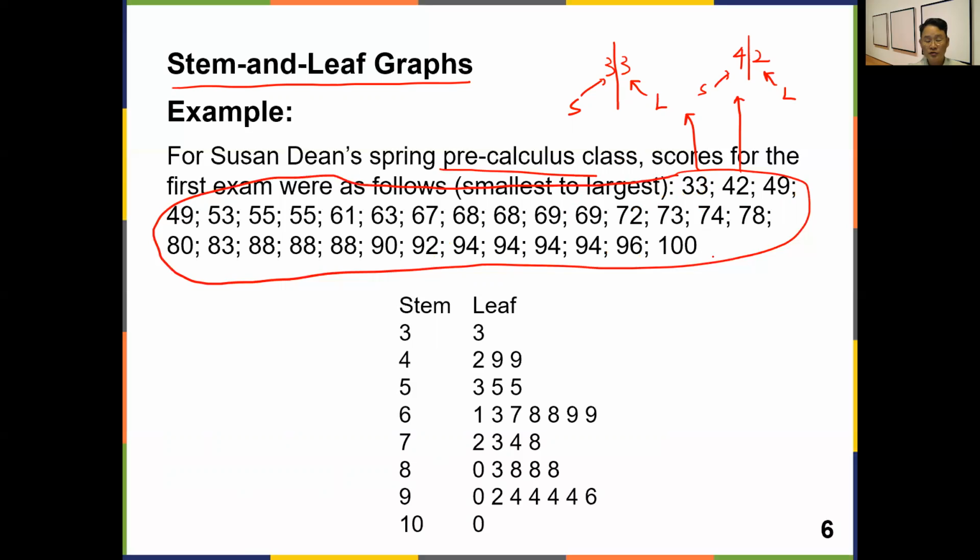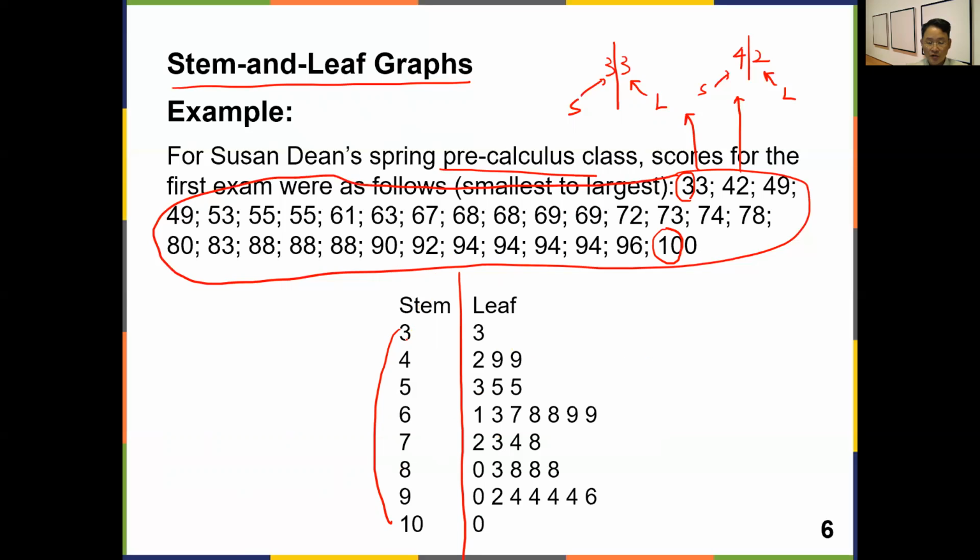Sometimes they're not in order, and then you have to order them first, or you build a stem and leaf and then order it, whichever way you prefer. Let's say you check out all those stem numbers. It's ranging from 3 all the way to 10. That's how you have this stem number. So you have this. Sometimes they do have this vertical line. Sometimes they just have space like this.